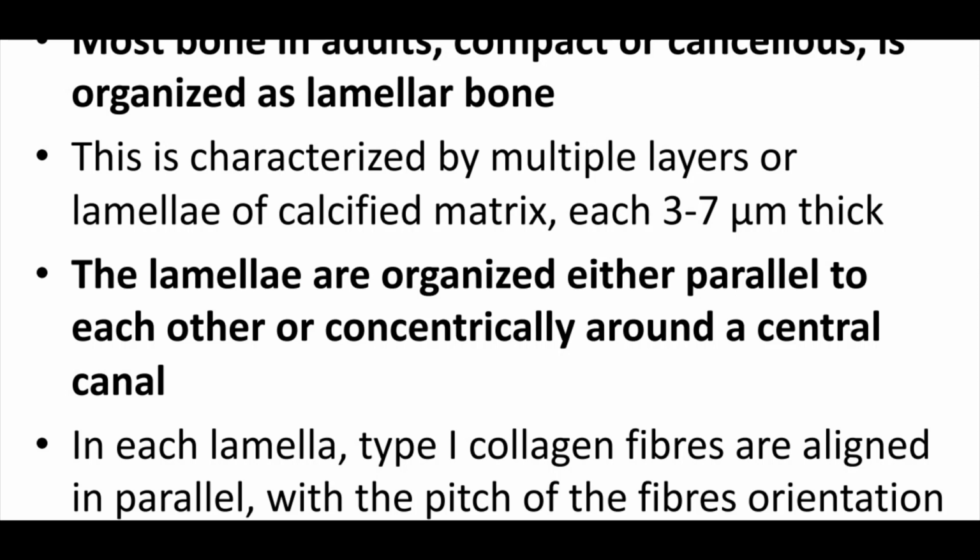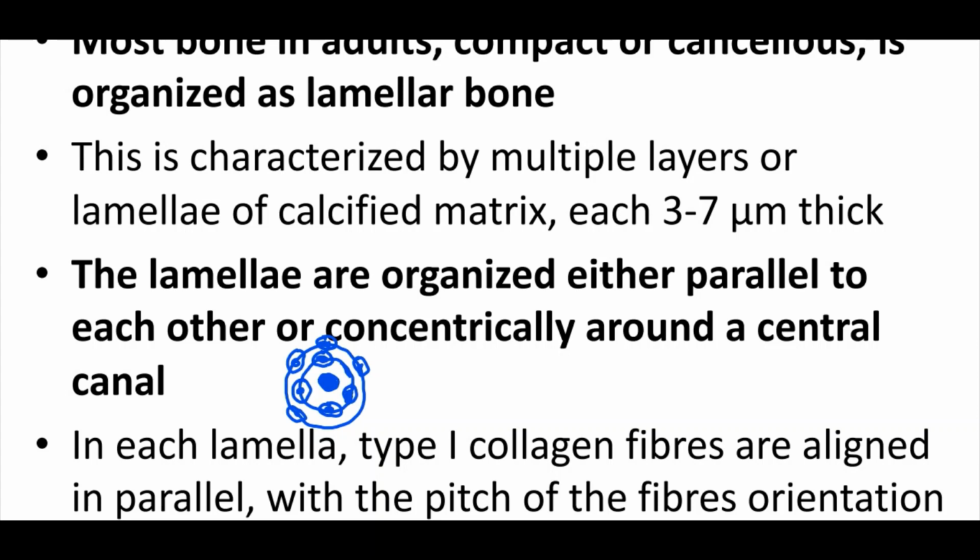The central canal has got blood vessels and nerves, and then around the central canal you have concentric rings of collagen type 1 fibers. And in these lamellae you're going to find lacunae that contain osteocytes. That's how lamellar bone is organized.